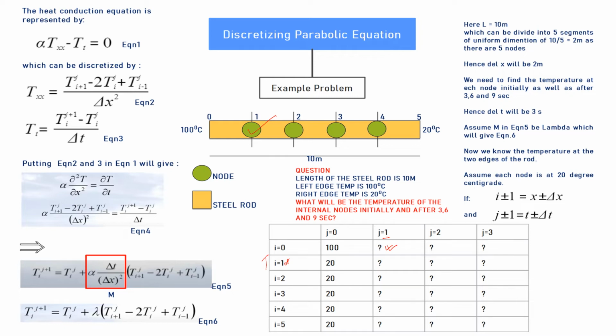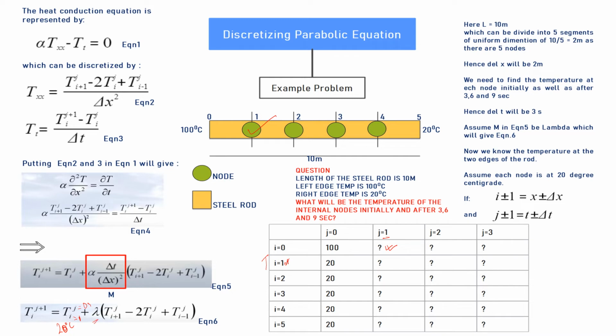What is T i j? This j is as usual 0 seconds, but this i is here 1, right? So what is the value of T at i equal to 1? We have assumed it to be 20 degrees.